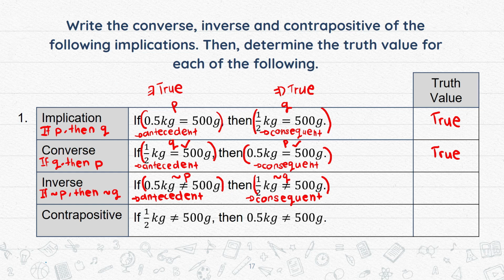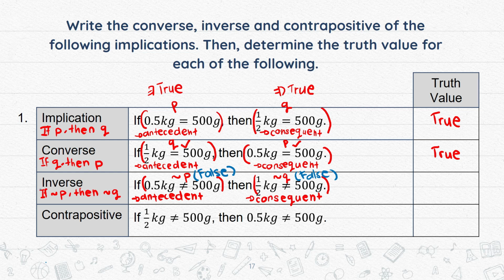If P is true, then tilde P will become false. And then tilde Q will also be false, because right now we already know that Q is true. Then tilde Q will be false.